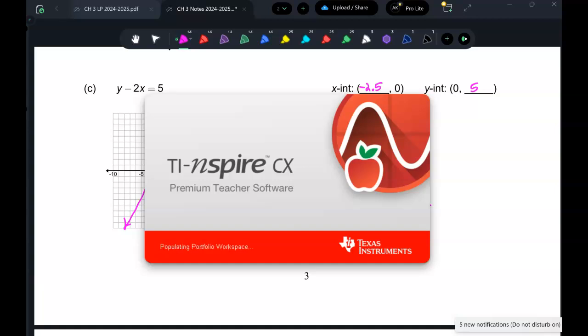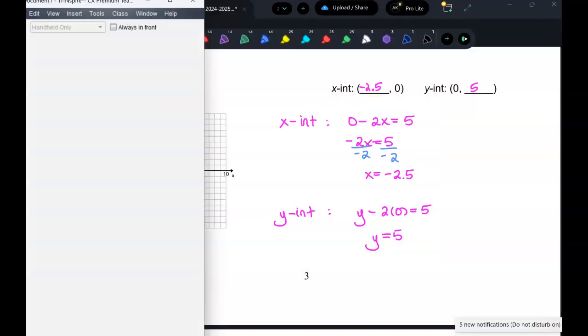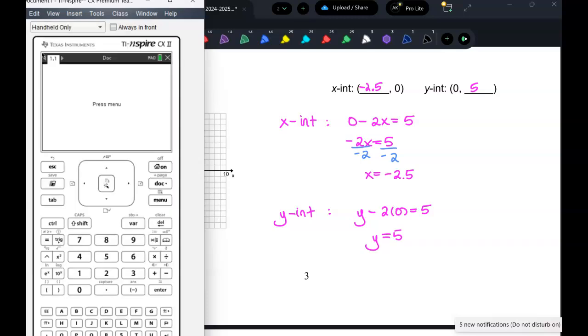Because I anticipated this happening, I brought a few extras. I think I have it. I was too lazy to get it out. Eli, do you have your calculator? Let me give you a different one. Try it, Eli.